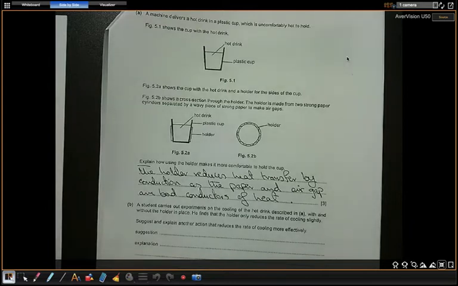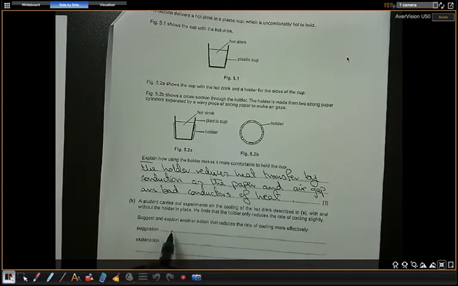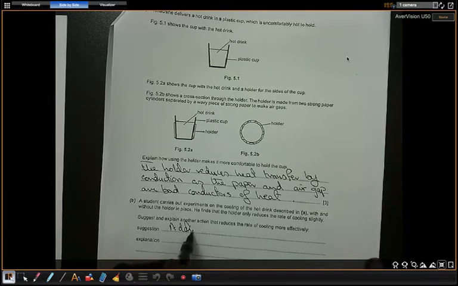All right. A student carries out experiments on the cooling of the hot drink described in A. With and without the holder in place, he finds that the holder only reduces the rate of cooling slightly. Suggest and explain another action that reduces the rate of cooling more effectively. I'm going to say adding a lid.